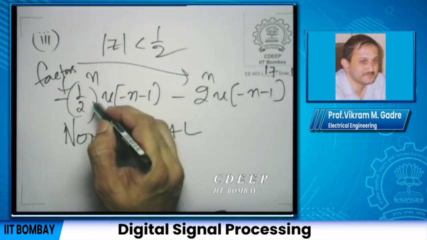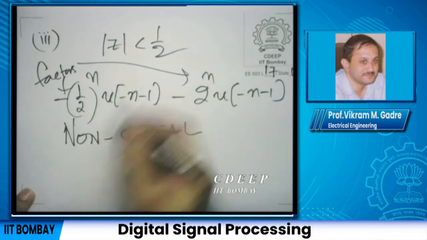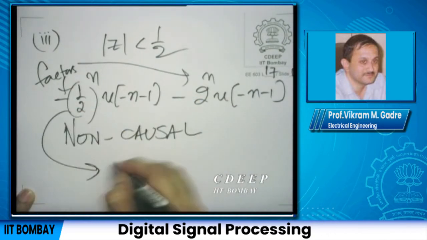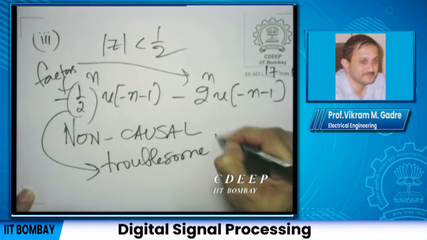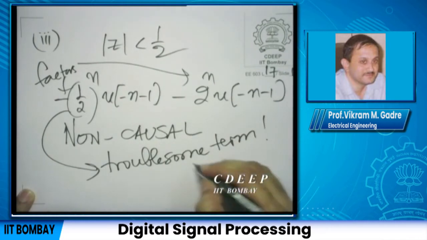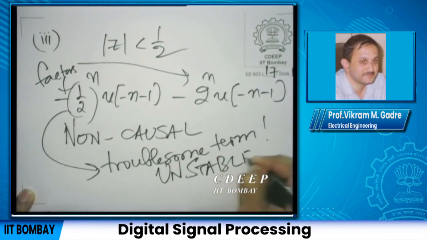Half raised to the power of n u[-n-1] is the troublesome term here. It in fact becomes a growing exponential. So, this is the troublesome term. The system is unstable because of this term. It is not summable, it is not absolutely summable.